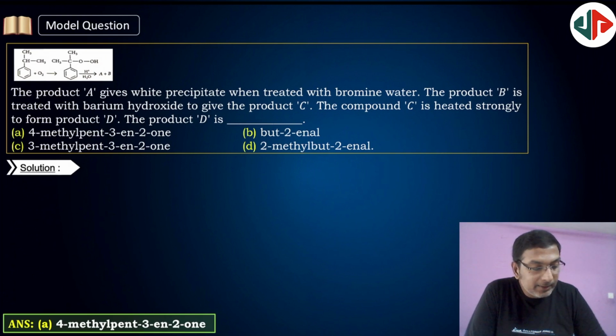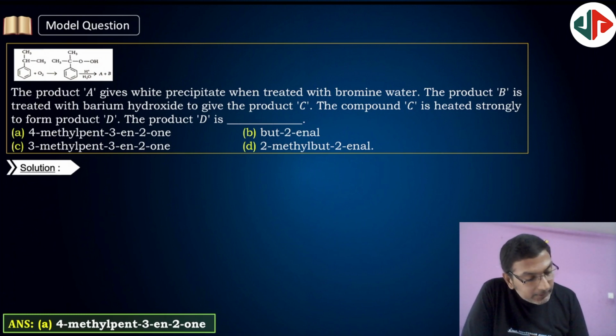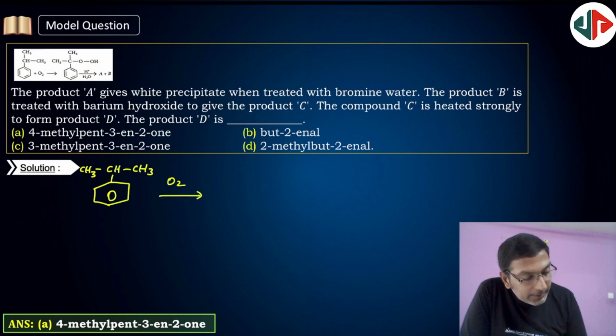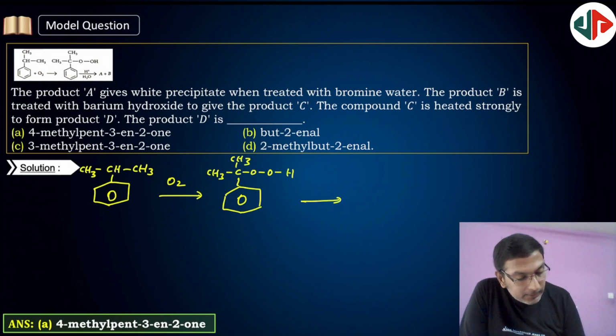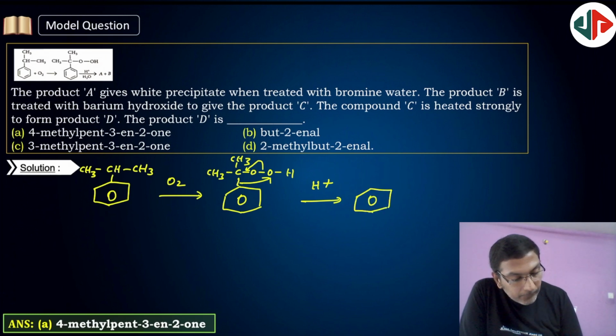Product B treated with barium hydroxide gives product C. Compound C heated strongly forms D. The final product is asked. Here cumene, isopropyl benzene, on treatment with O2 gives cumene hydroperoxide. On rearrangement it gives phenol plus acetone.